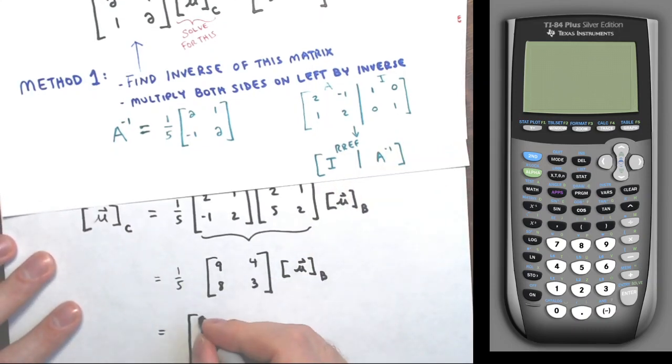All right, there's 9/5, 4/5, 8/5, 3/5. And there you have it.